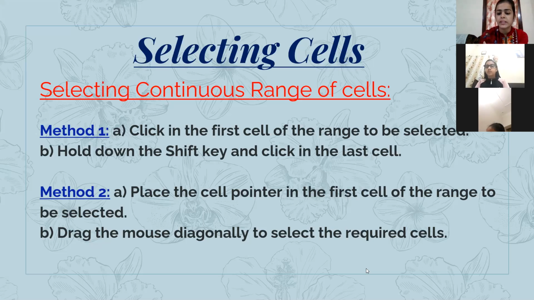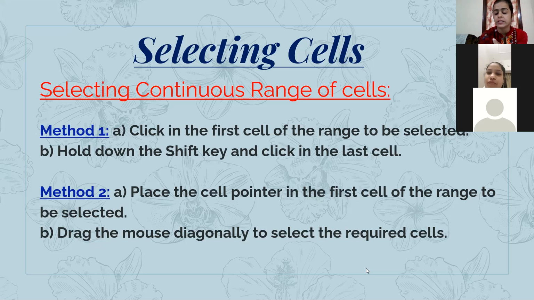The second method is to place the cell pointer in the first cell of the range to be selected. The range that you want to select, you have to place the mouse pointer at that location. Then drag the mouse diagonally to select the required cells. Clear? I will be showing you its practical also side by side. This was selecting a continuous range of cells.